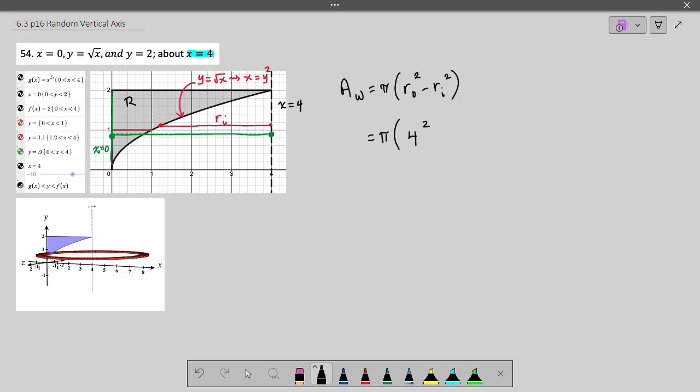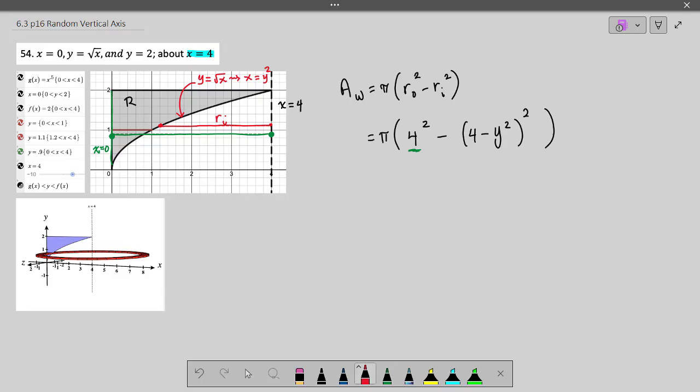So the inner radius, all right, the inner radius is here. Again, it's horizontal, and we want distance. Horizontal distance is right x minus left x. The right x is 4. The left x is y squared, and then that's all squared. So this is green.